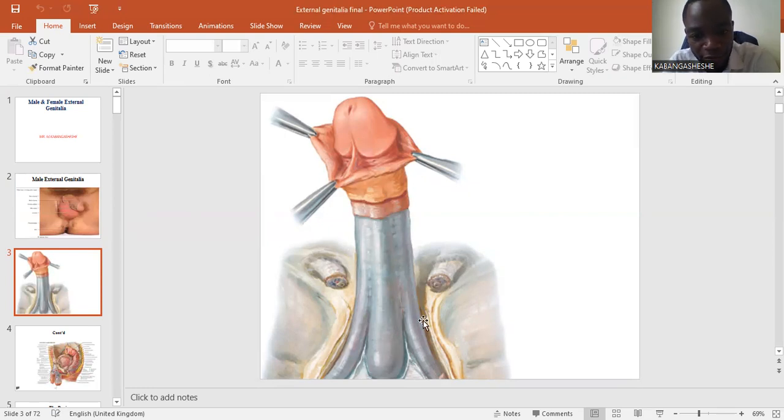Besides the bulb, we have two muscles, known as crus muscles, or crura for plural. One is a crus, C-R-U-S. You have left and right crus muscles, or the crura. Those serve as the root of the penis.